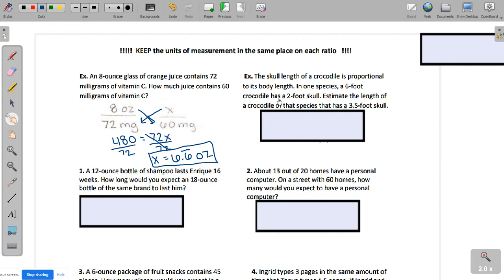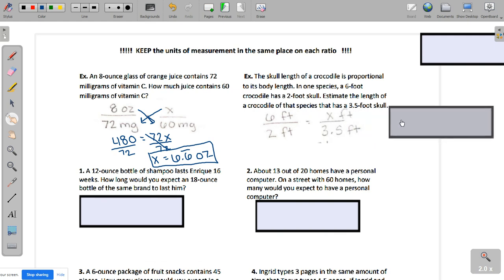So we have a 6-foot crocodile. The crocodile we're going to put in the numerator and its skull in the denominator. So we're going to have 6 feet over 2 feet. And then it's going to be equal to the 3.5-foot skull in the denominator. So X over 3.5.